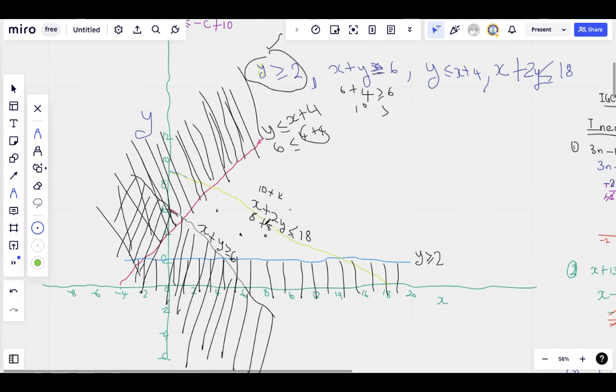So 8 plus 8 is 16. You can see 16 is less than 18, less than or equal to. So this is the correct region, this way. And this way is your wanted region. So I'm shading the top because it's not the right region for the inequality. So I'm shading this up part.